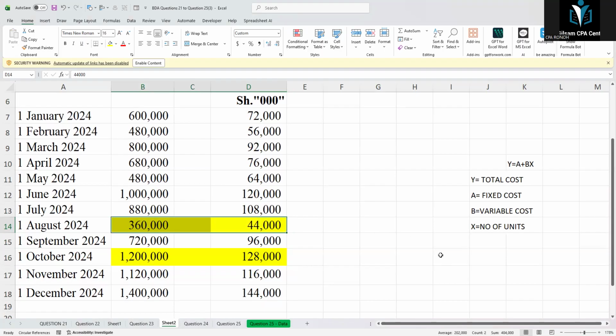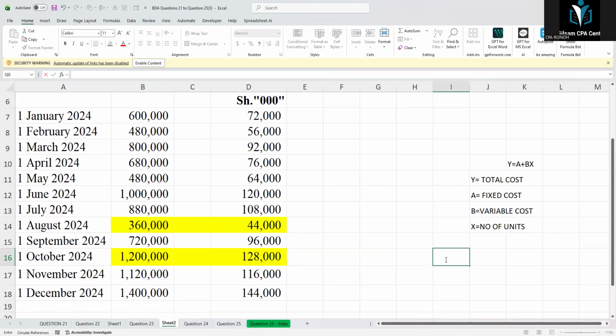So the first equation is y, the highest cost, 128,000 equals a, which we don't have, plus b, which we don't have, times the number of units.